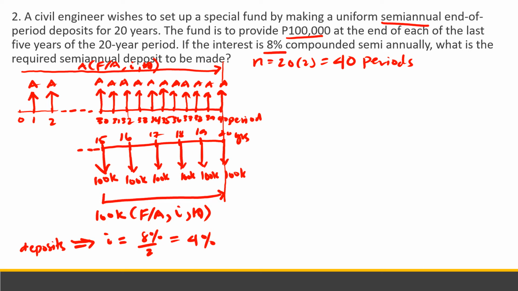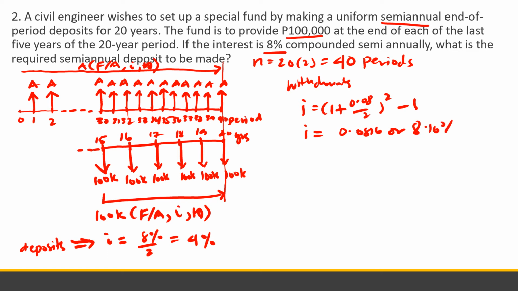So for the withdrawals, I is equals to 1 plus 0.08 over 2 to the power of 2 minus 1. So the effective rate would be 0.0816 or 8.16%.